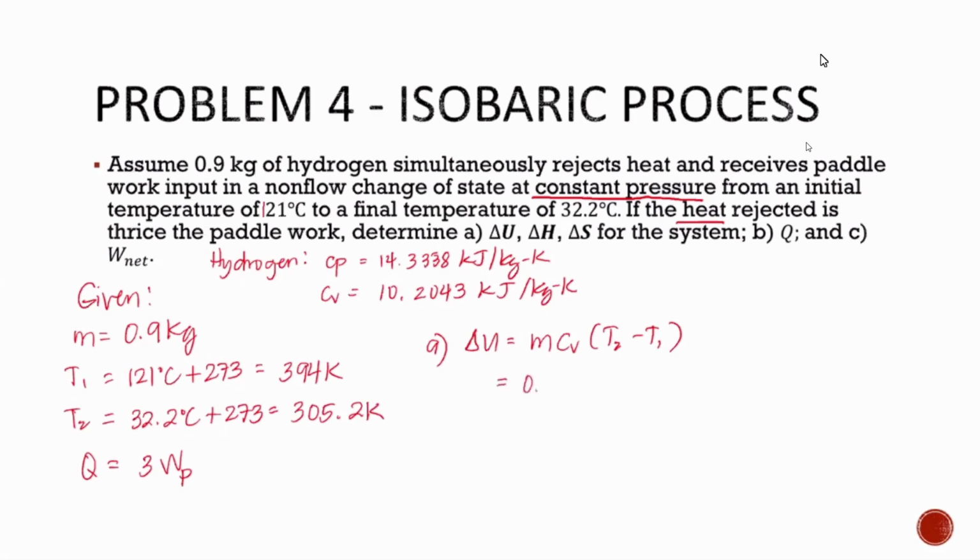Substituting the given. Okay, pasolve ako ha. 0.9 kilograms ang CV, 10.2043 kilojoules per kilogram Kelvin. Ang T2, 305.2 minus 394 Kelvin. Okay? Cancel si Kelvin.